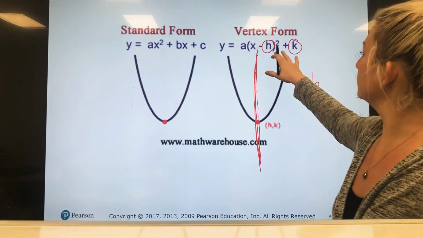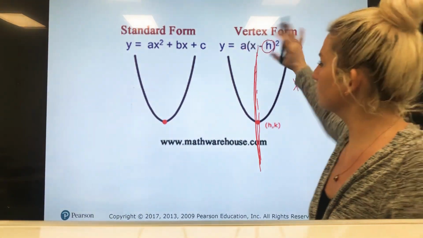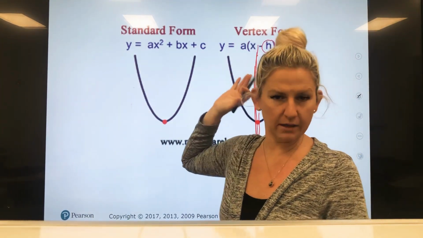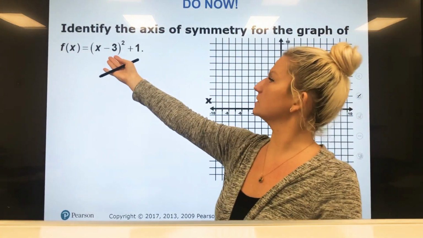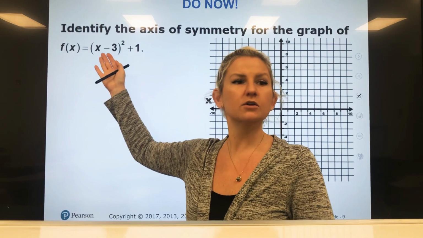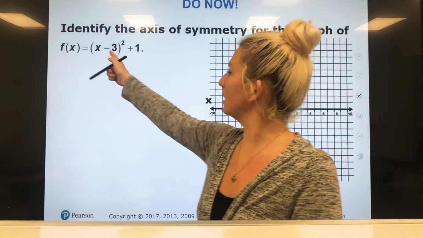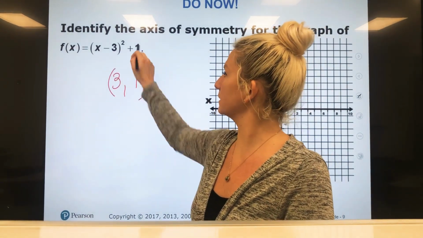You'll notice that there's a nice perfect square right in the middle of vertex form. So what we're going to be doing today is turning this form into that form by completing the square. Here's an example of vertex form. Identify the axis of symmetry. If it were in standard form, you'd have to do a little bit more work to find the axis of symmetry. But in this case, I know that my vertex is going to be (3, 1), my h and my k.